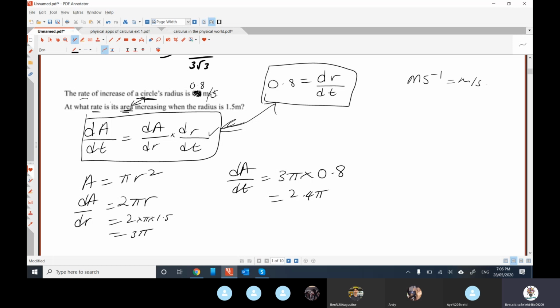Wait, let me think about it. Rate of increase of circles. Circle. Radius. Yeah. How did finding that help us with this part?